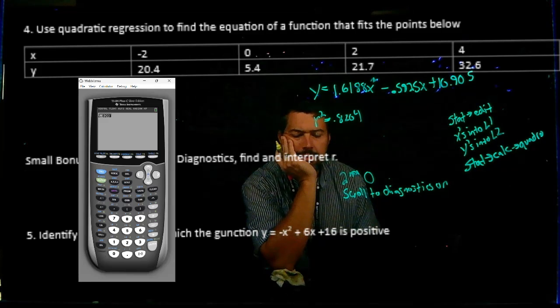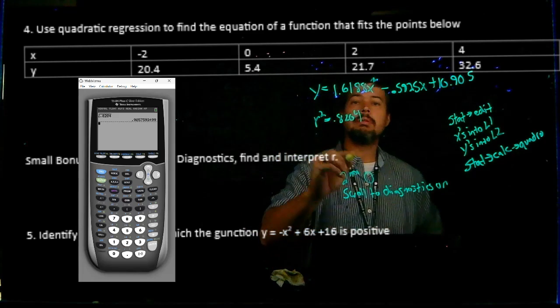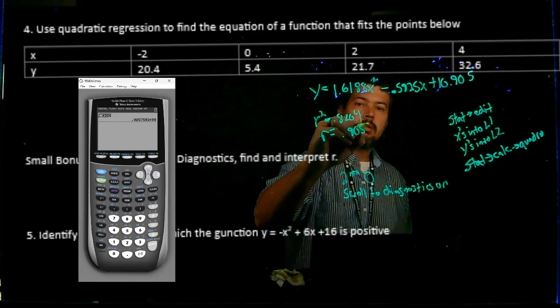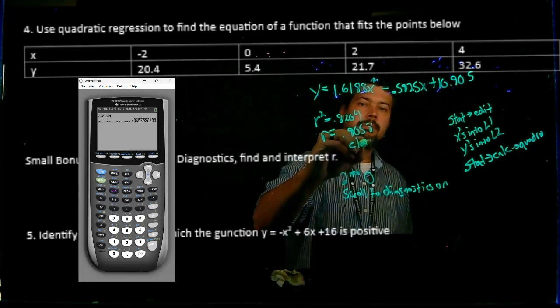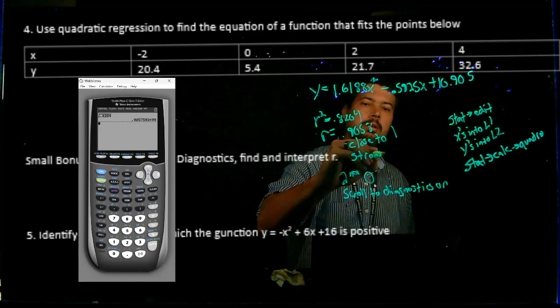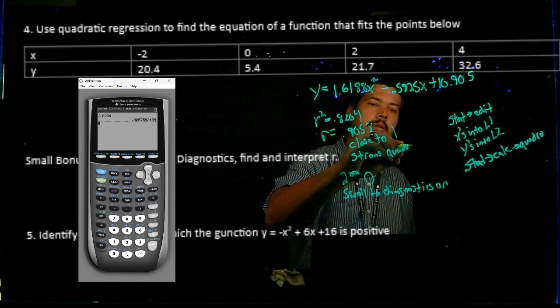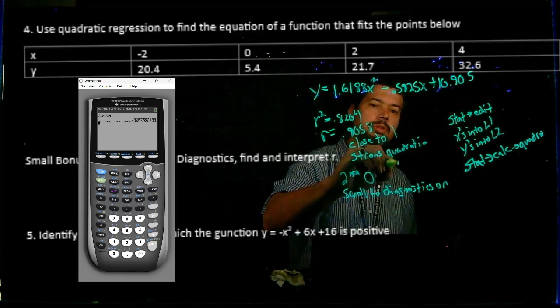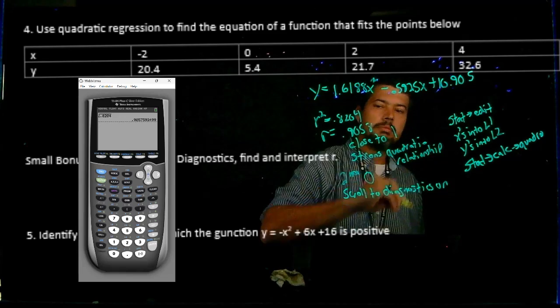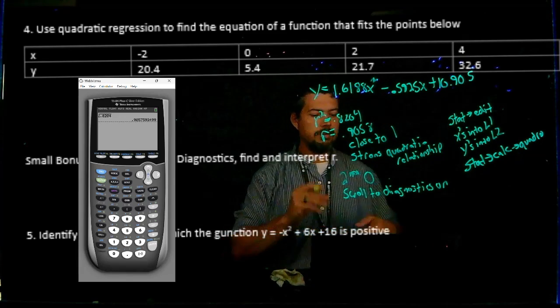I figured that out when I was like 5. 0.9058. And this is close to 1. So what we have is a strong quadratic relationship.